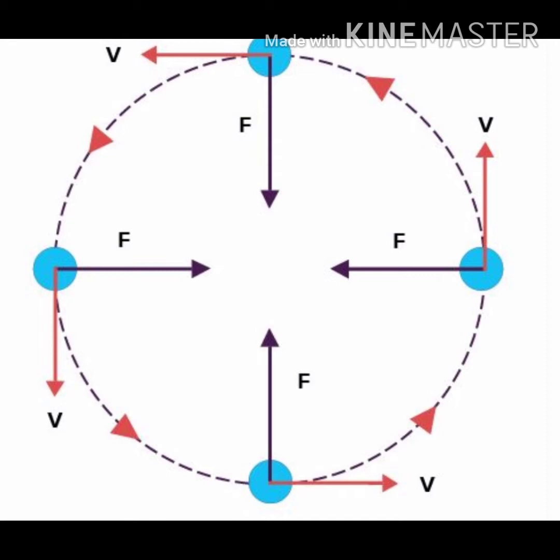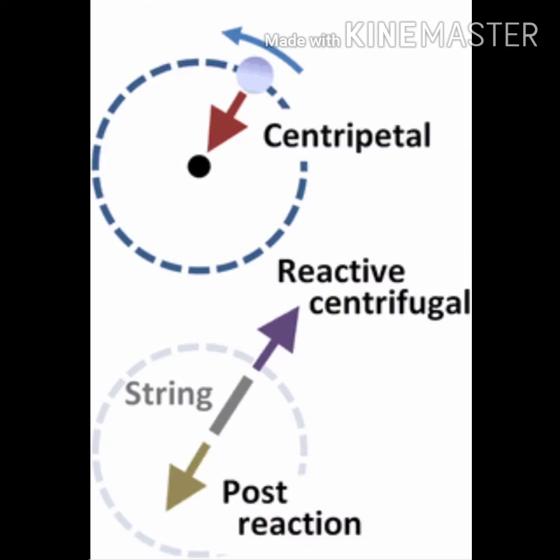Now, some forces I would like to discuss here. The force which is acting inward is the centripetal force, and the force which is acting outward is the centrifugal force, students.